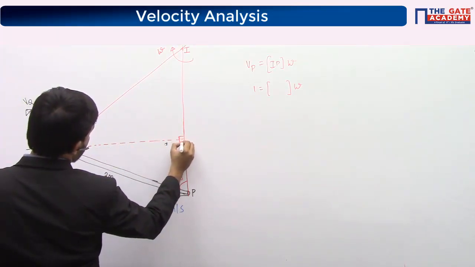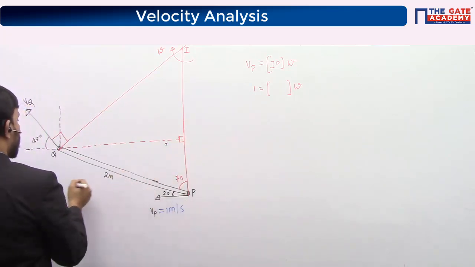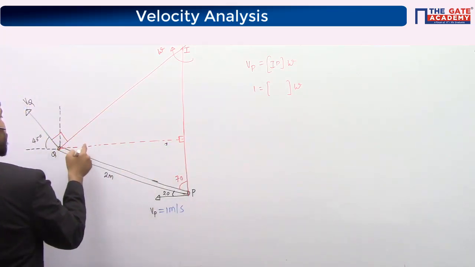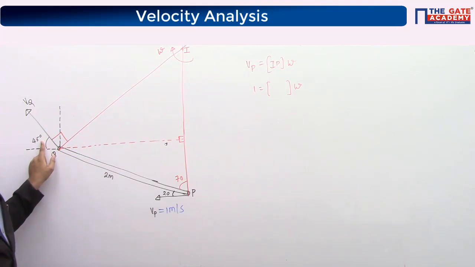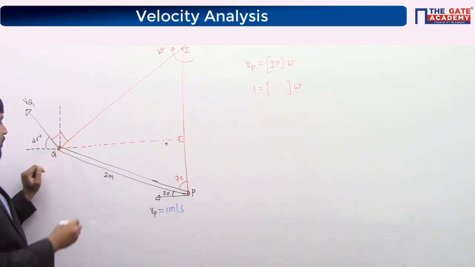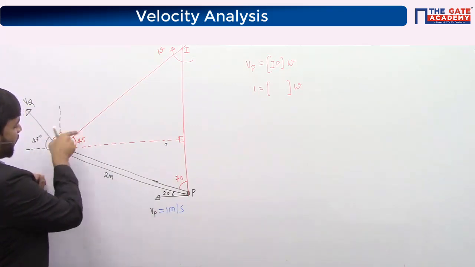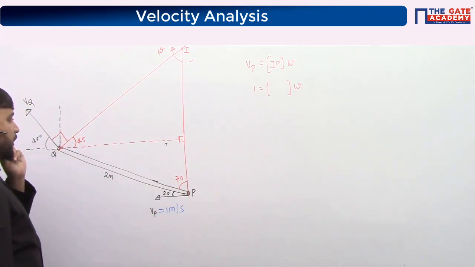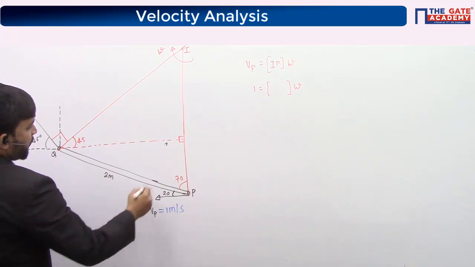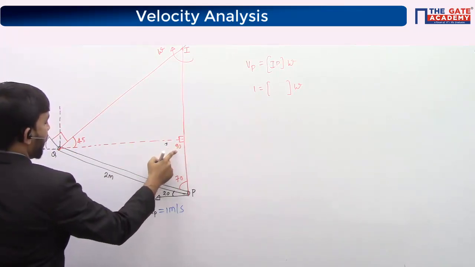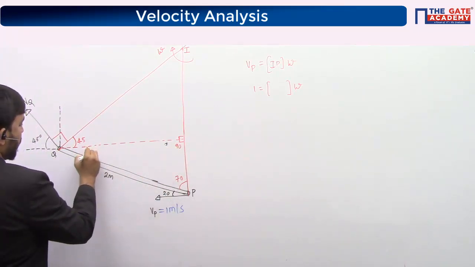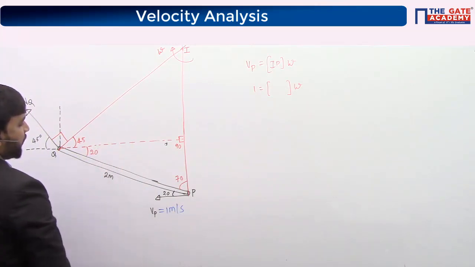So this is 90 degrees, okay? This is a horizontal line. So this total angle, you can see this is 180 degrees. This is already 45 degrees, this is 90 degrees, so I can say this total angle should be 180 degrees. It's a straight line, okay? So this will be 45 degrees, this is 90 degrees, and 70. So what will be this? This is, I think, 20 degrees.